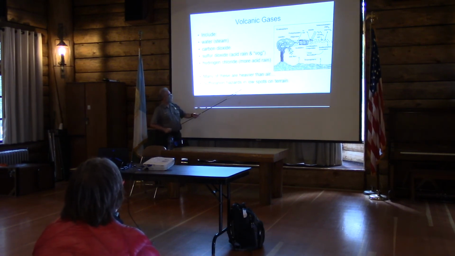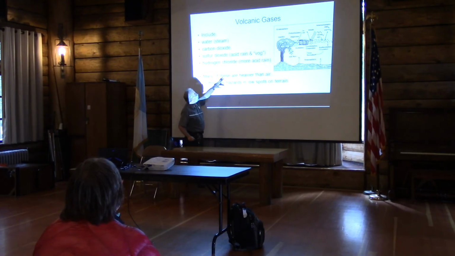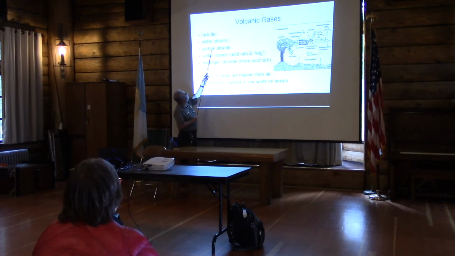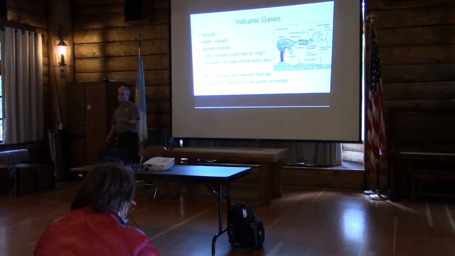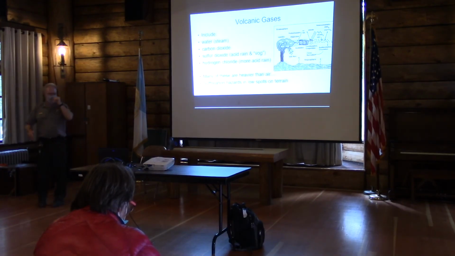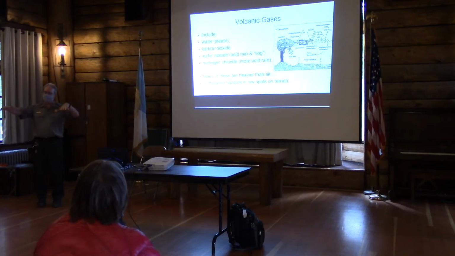And one of them I love, I don't have the video for this, but we even have to remember, just CO2, that's what we put in fire extinguishers, right? Because it smothers the flame. It's heavier than air. So if you're near a volcano and it's starting to put out more CO2, now you need to be concerned about the swales, any kind of a dip on the landscape that can hold that.